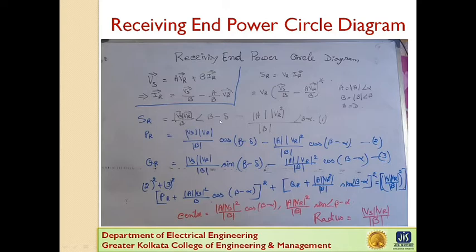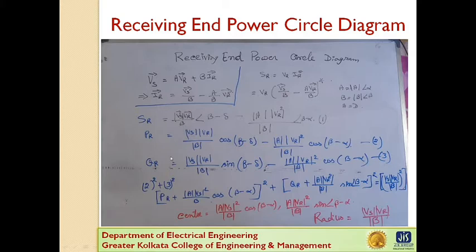Now this is for the conjugate, and minus A VR square by B angle beta minus alpha. Actually the angle is alpha minus beta, but as there is a conjugate, so the angle becomes beta minus alpha.